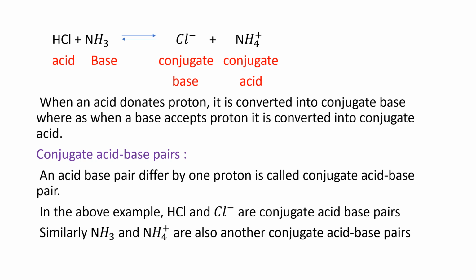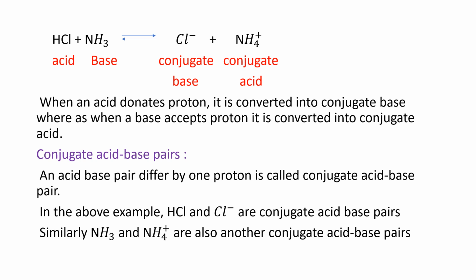Therefore, we can call HCl and Cl minus ion a conjugate acid base pair. Similarly, we have one more pair here, that is NH3 and NH4 plus. If you see these two species, these two also differ by one proton. Therefore, ammonia and NH4 plus are another conjugate acid base pair.